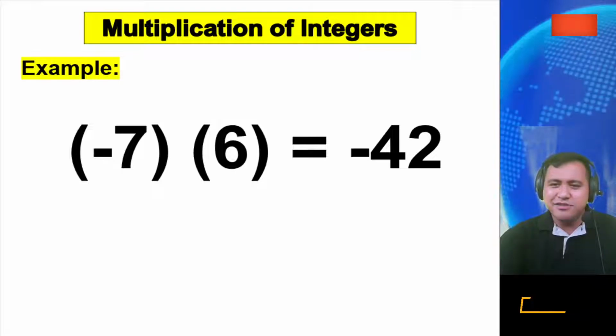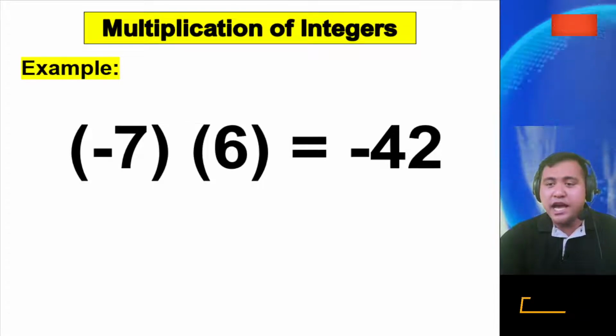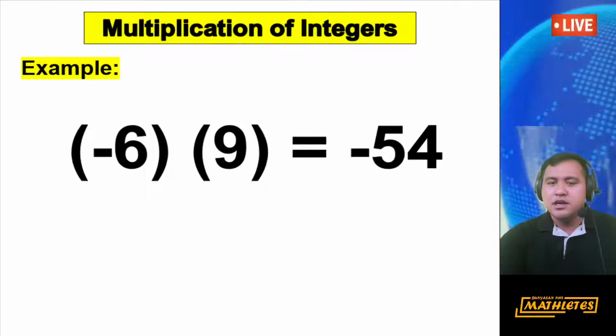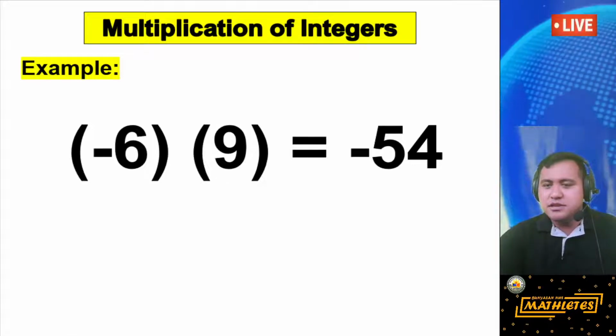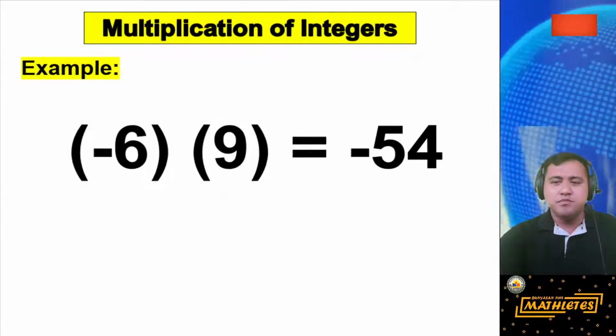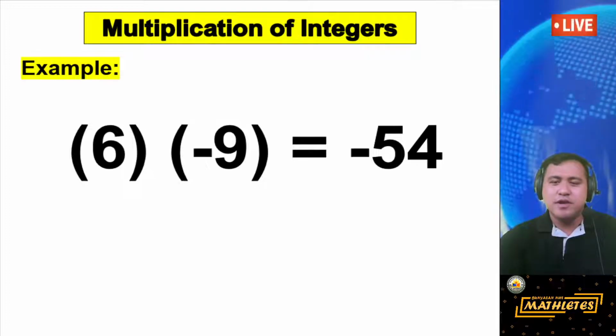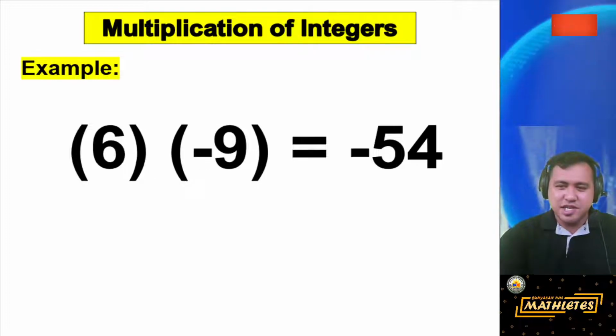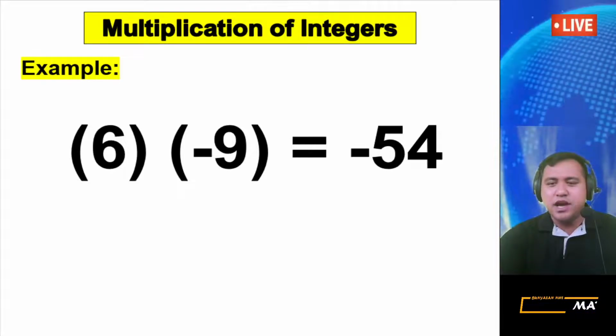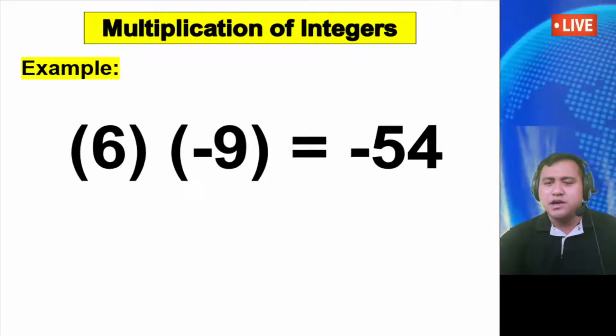Same gihapon, di ba? Pareho ang multiply, pero ang sign mag-differ sila. Okay. Negative 6 times 9 equals negative 54. Di ba? Baliktarun na ni. Positive 6 times negative 9, negative 54 gihapon ang answer.